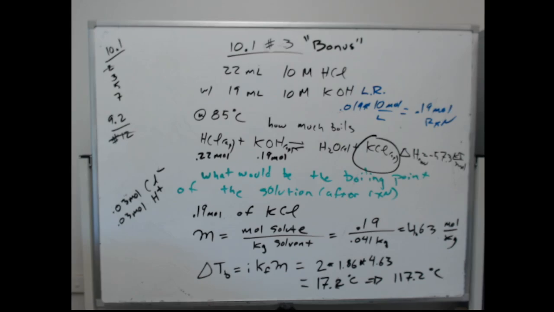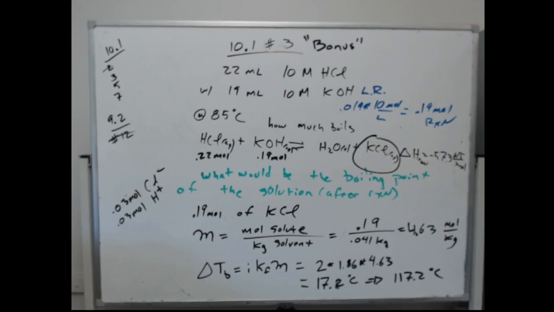So this problem of pretending it's just water actually doesn't work in this case because of those high concentrations. Those high concentrations totally throw off our approximation of it's just water. Wait, why'd you add 100? Because this is the delta TB, right? So we're going to increase the regular boiling point by 17 degrees. The regular boiling point is 100 degrees.